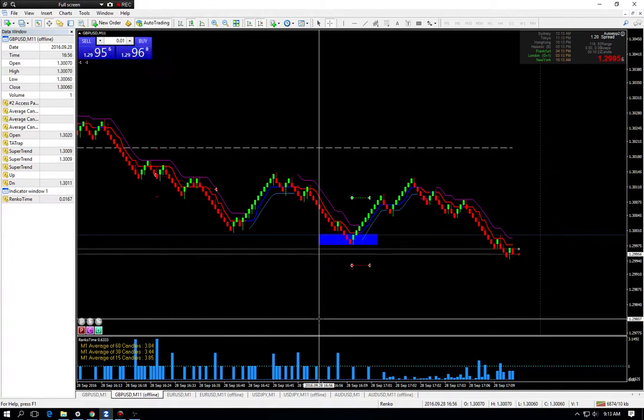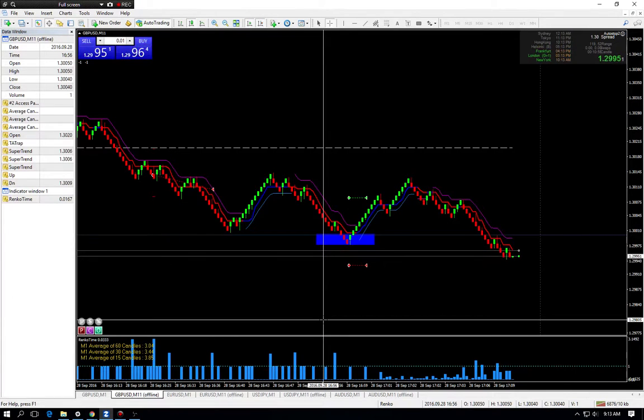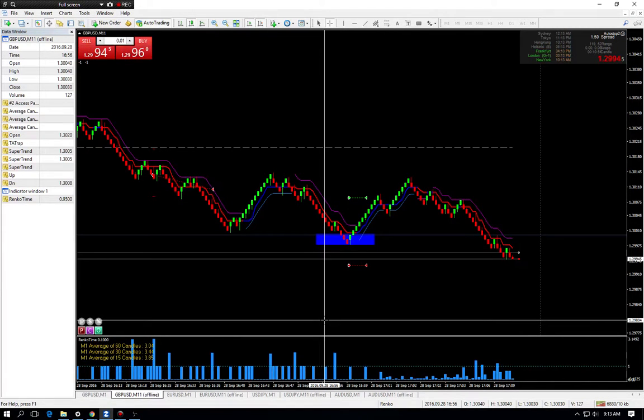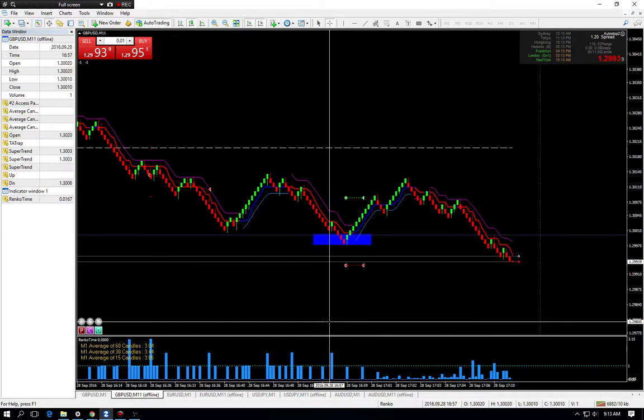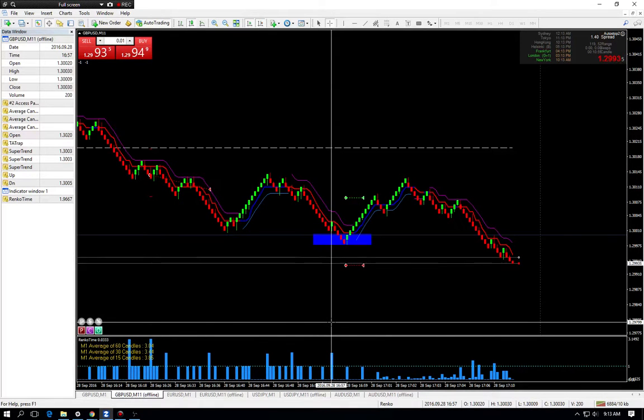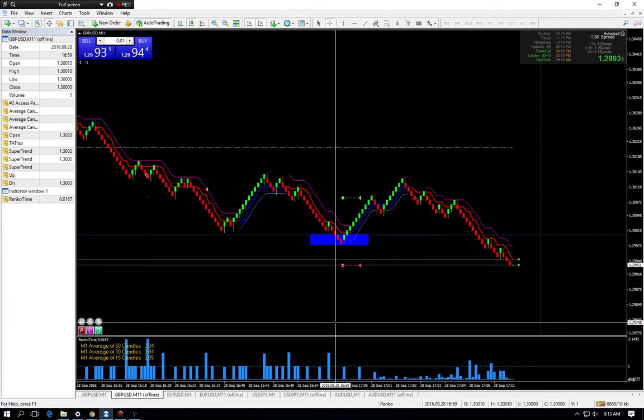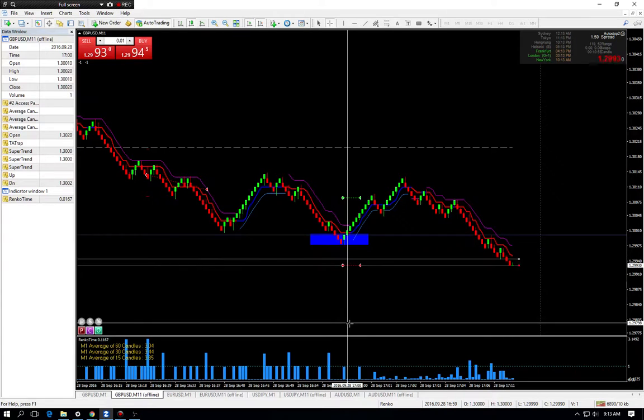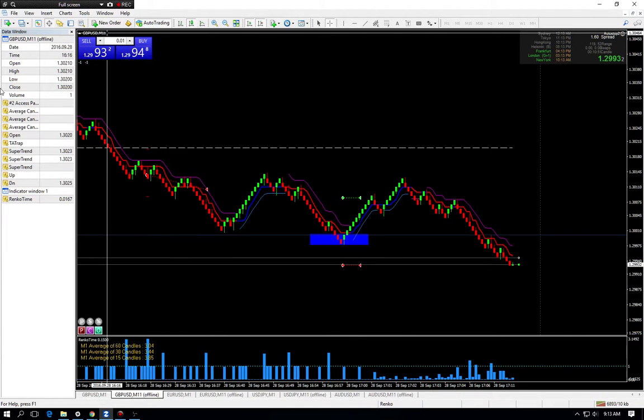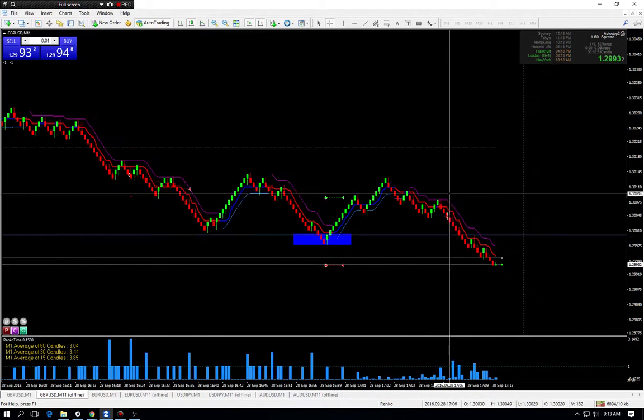This one took less than a second to form. Less than a second. That one took, I'm sorry, less than a minute. That one took almost a minute. These are all a little bit over a minute. I opened up the data window, by the way, to take a look at these. And see, they're all going really quick.